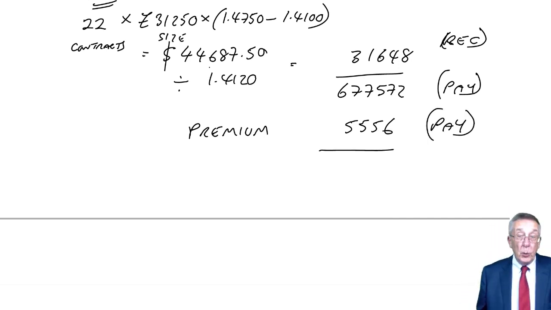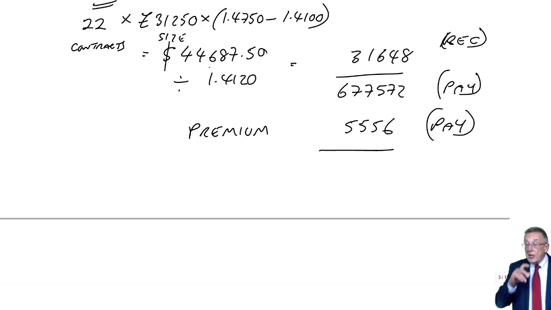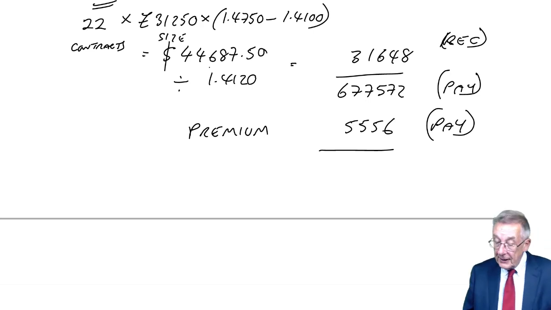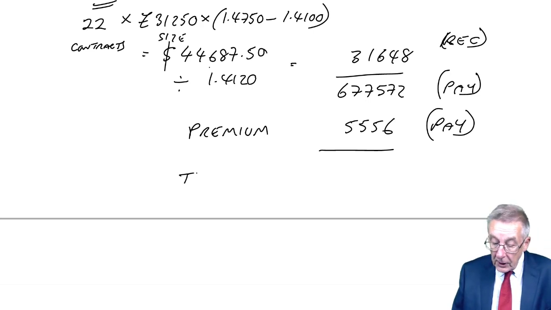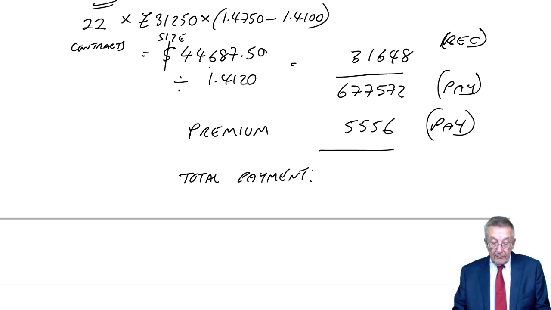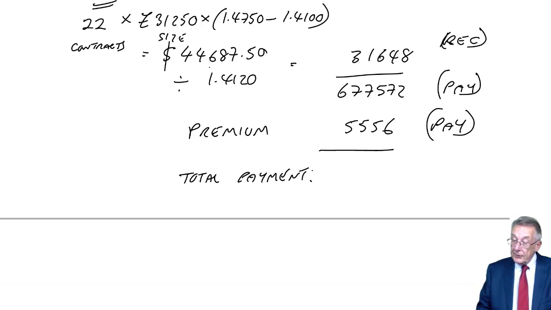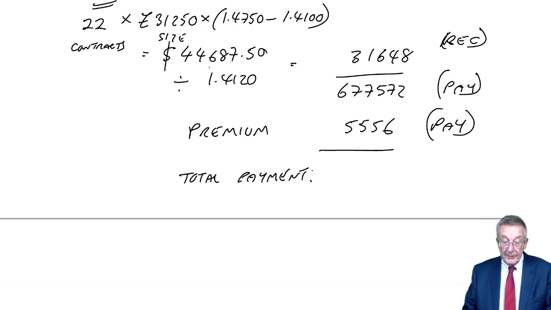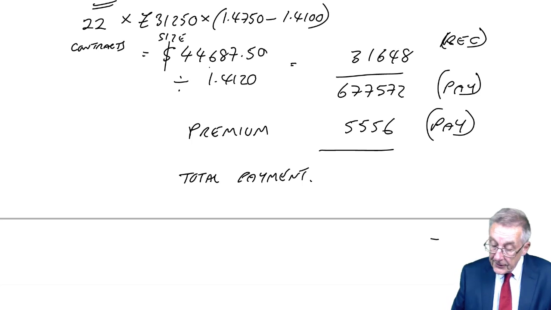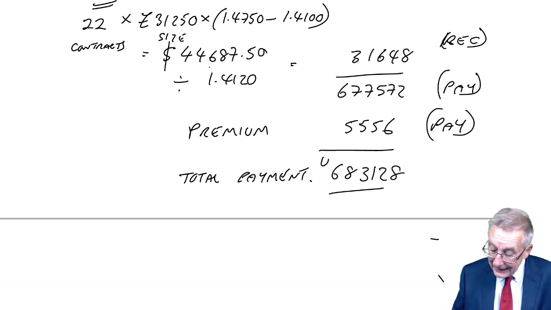The premium's always a payment. And so the very final overall result, there's a total payment. £677,572 plus 5556, 683,128.